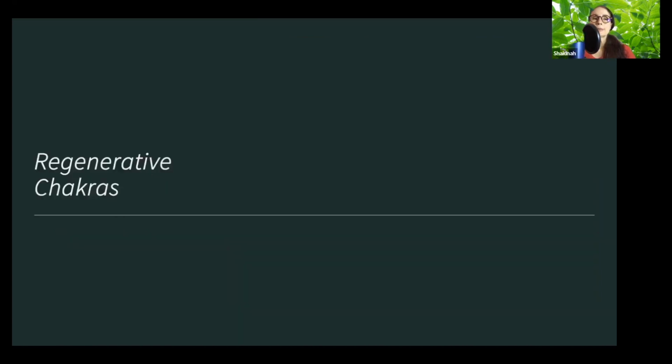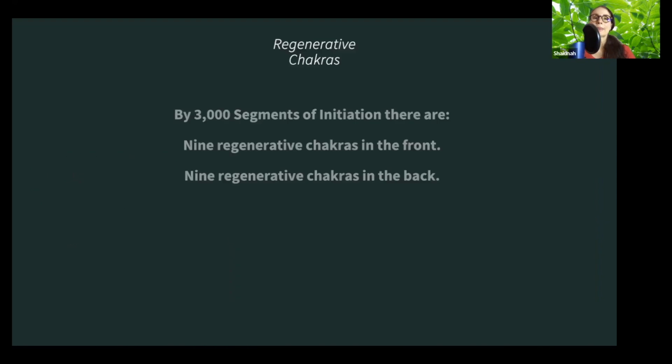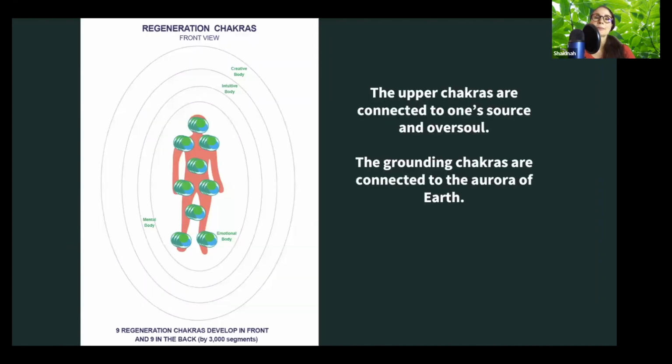Regenerative chakras. By 3000 segments of initiation, there are 9 regenerative chakras in the front and 9 regenerative chakras in the back. The upper chakras are connected to one's source and oversoul.